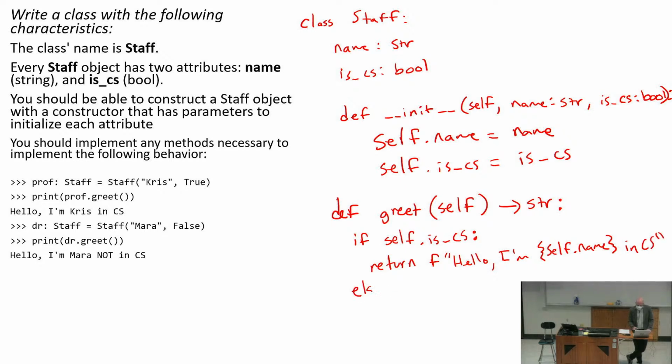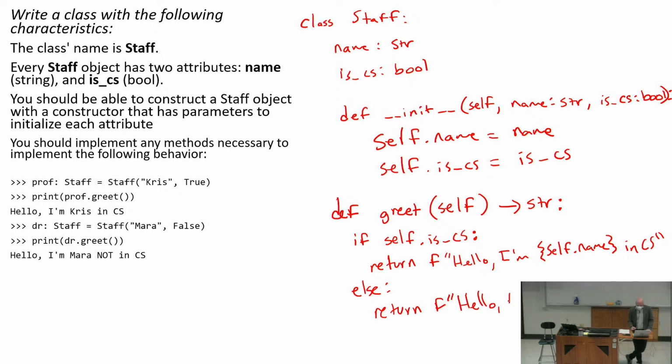Else, return f string. And there are other ways we could have implemented this. We could have set up a string variable to concatenate to, and we could have only concatenated differently once we hit the self.name part. I'm just doing it this way because it's the shortest in terms of the number of lines.